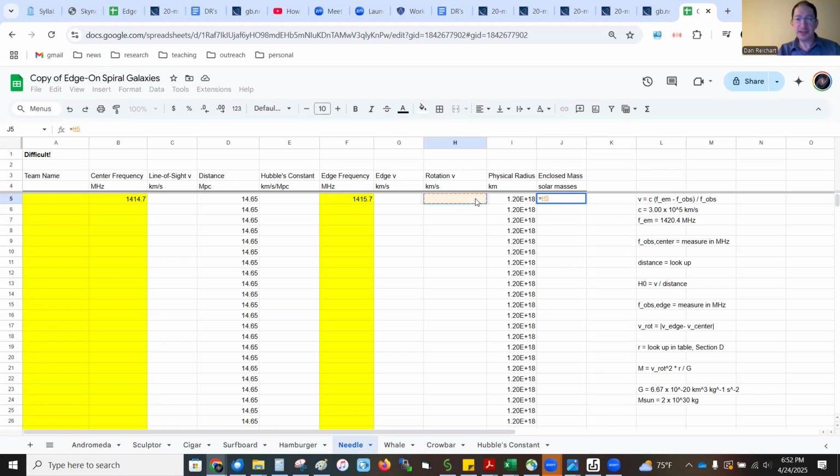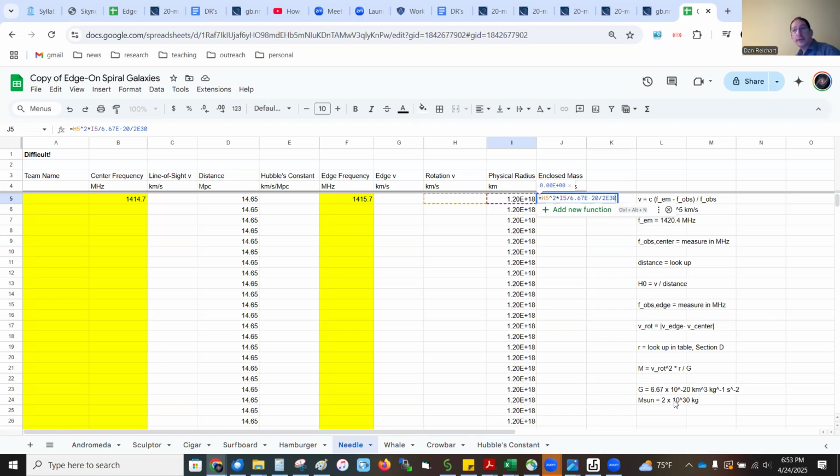Again, it's that velocity squared times the radius divided by Newton's constant, 6.67e to the minus 20. And that will give you the enclosed mass in kilograms. And we want it in solar masses, so divide by the mass of the sun in kilograms. It's right here. And that'll be the mass of this galaxy in solar masses.